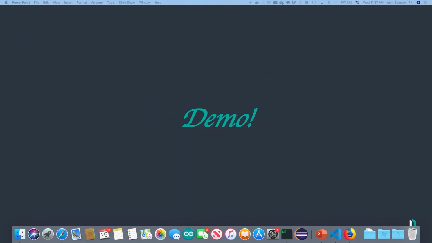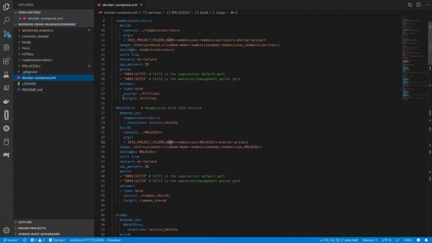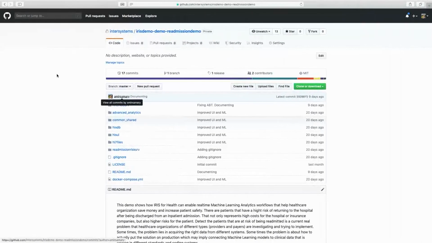So let's look at the demo. So first of all, this demo is a composition of many containers. I have Iris, I have a Spark cluster, I have a Zeppelin container with a notebook. I have it all here, and all the source code is on GitHub, and it's running with Iris Community, which doesn't require a license, and it's going to be released soon.